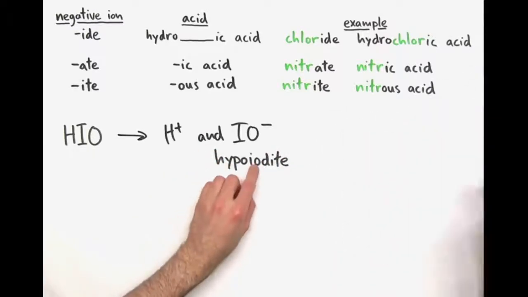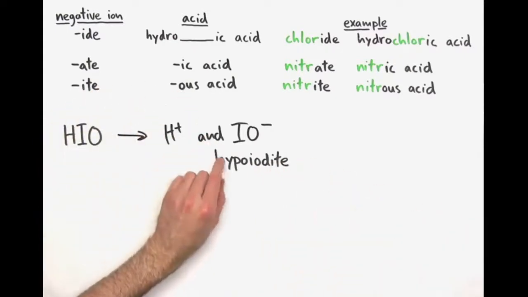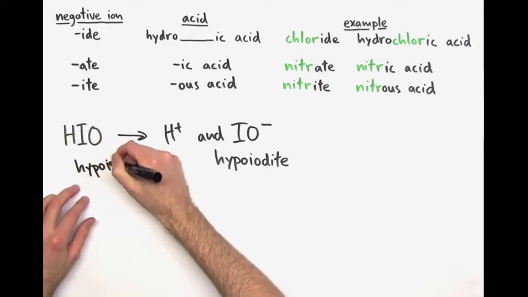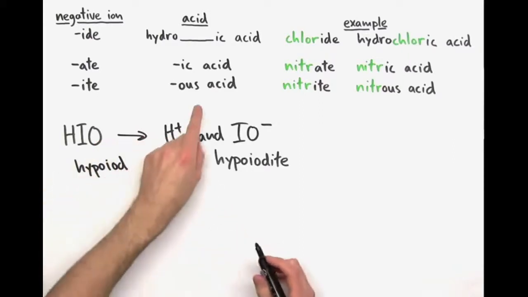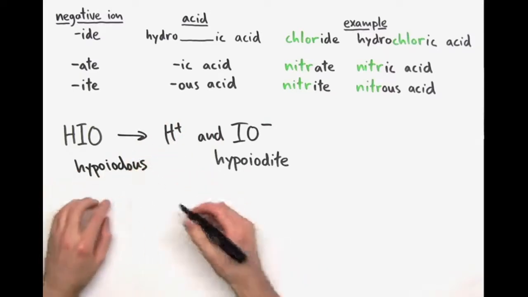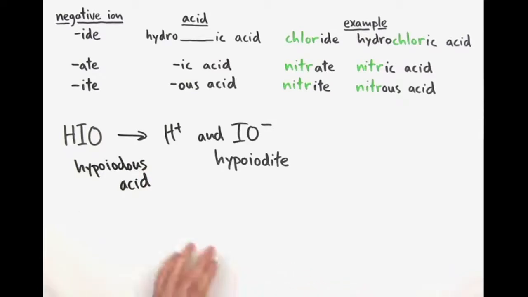Hypoiodite. And hypoiodite ends in ITE, so we use this rule here. We take off the ITE and we call the acid hypoiod, and then OUS, hypoiodous acid. Hypoiodous acid.